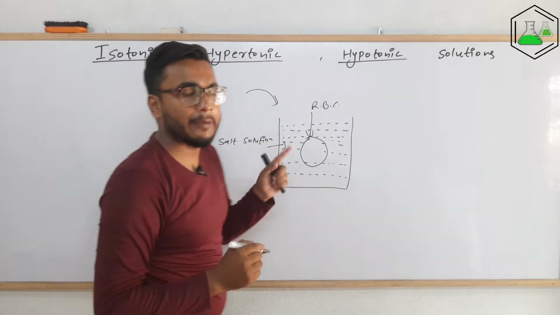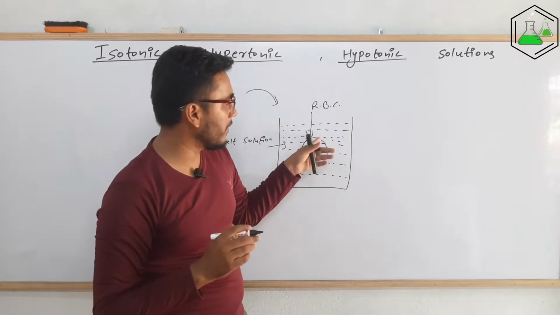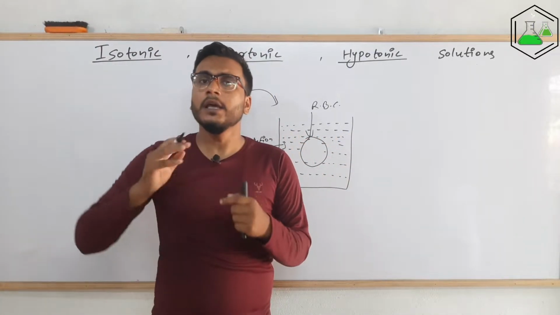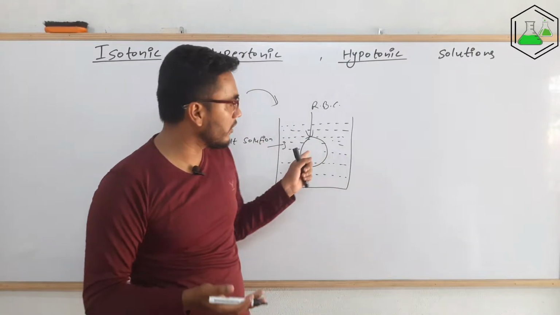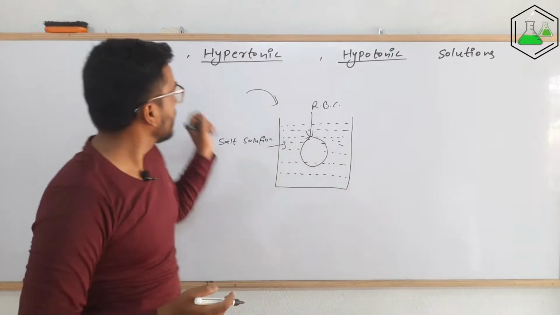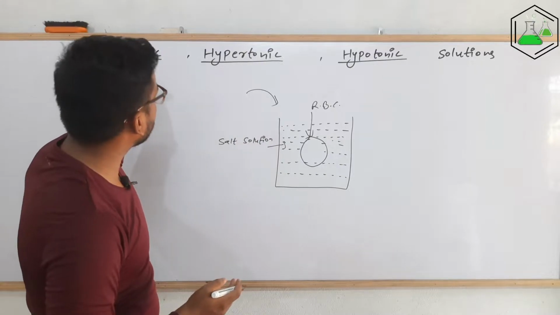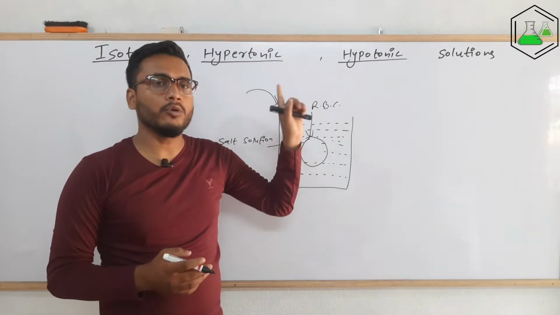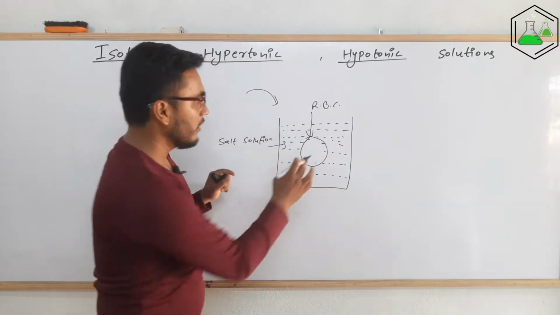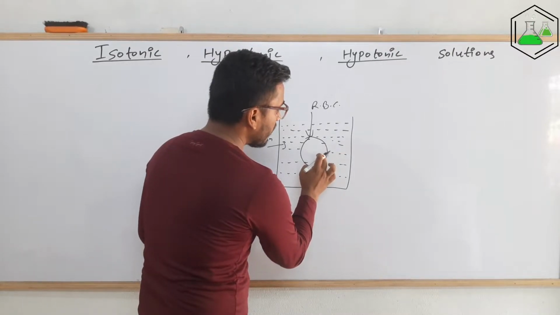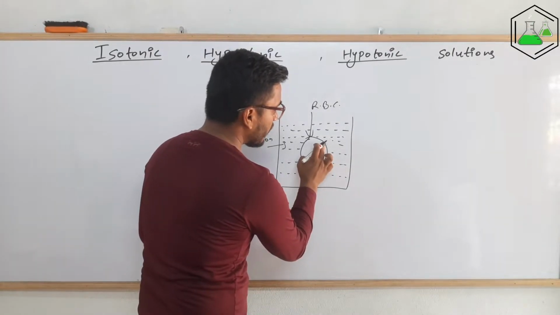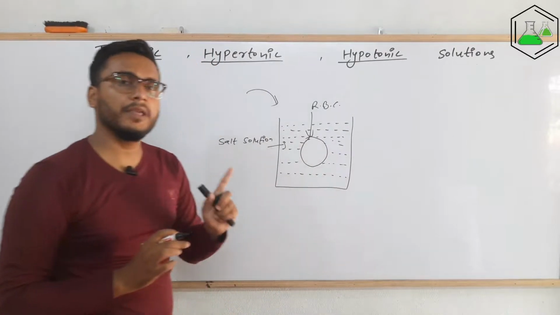The red blood cell has a semi-permeable membrane around it, so obviously there will be the osmosis phenomenon. But what kind of solution is called isotonic, hypertonic and hypotonic? That's the main question. So we need to know the concentration of the solute inside the RBC.